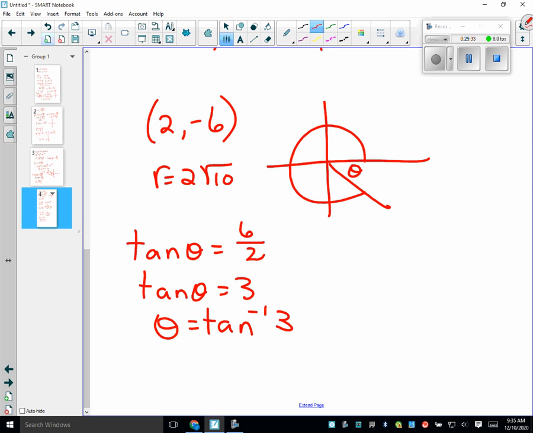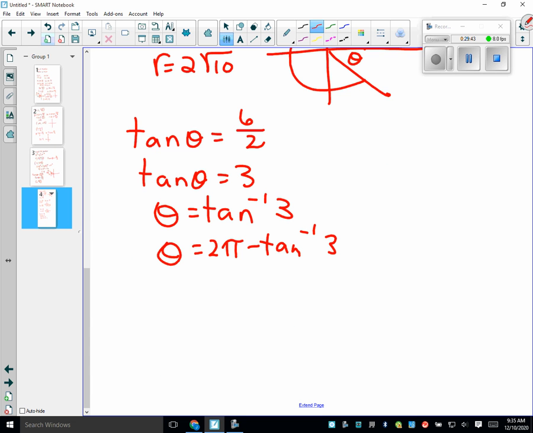So, would theta be 2 pi minus the arctan of 3? So my answer would be 2 radical 10, and then theta would be 2 pi minus arctan of 3. Right?